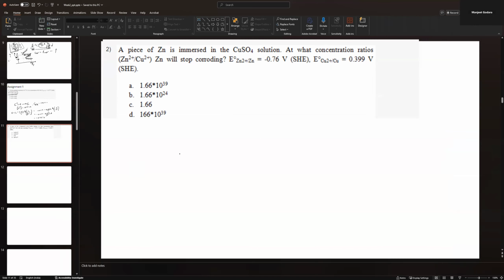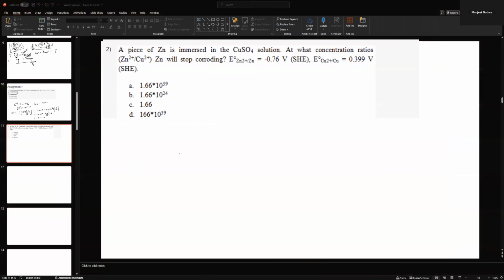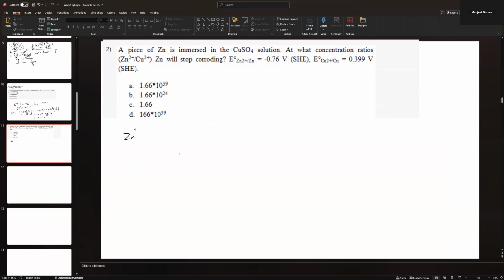Okay, you have your reactions. Zn2+ plus 2 electrons gives Zn, and E naught for this reaction is -0.76 volt.